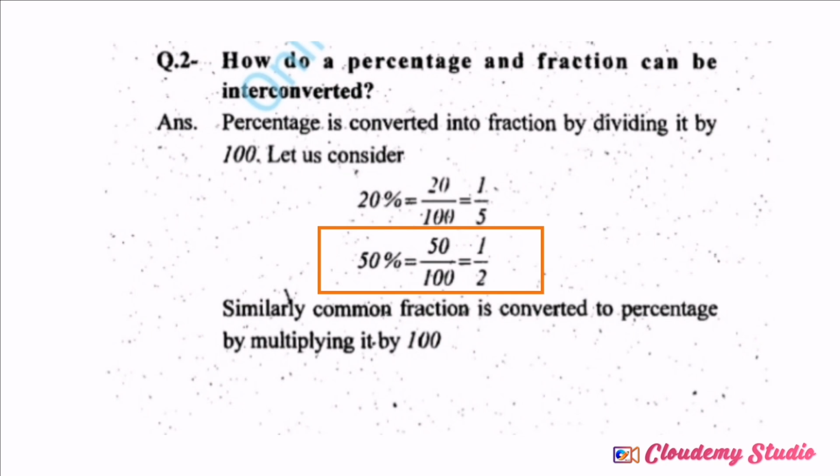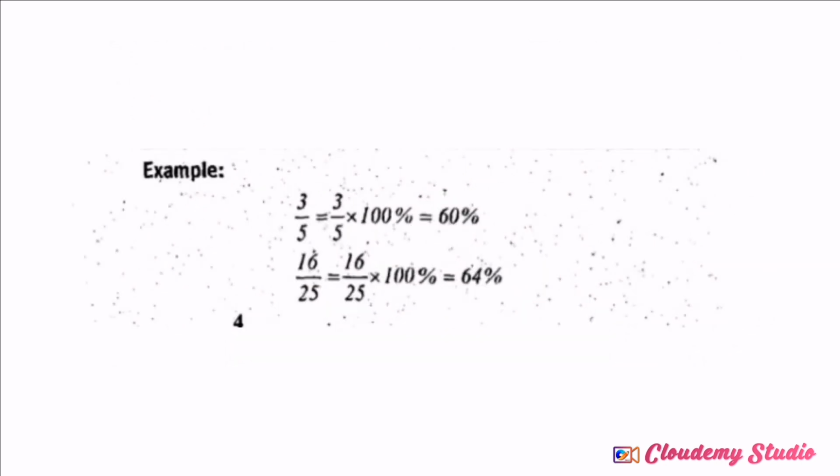Similarly, a common fraction is converted into a percentage by multiplying it by 100. 3 by 5 is equal to 3 by 5 multiplied by 100%.